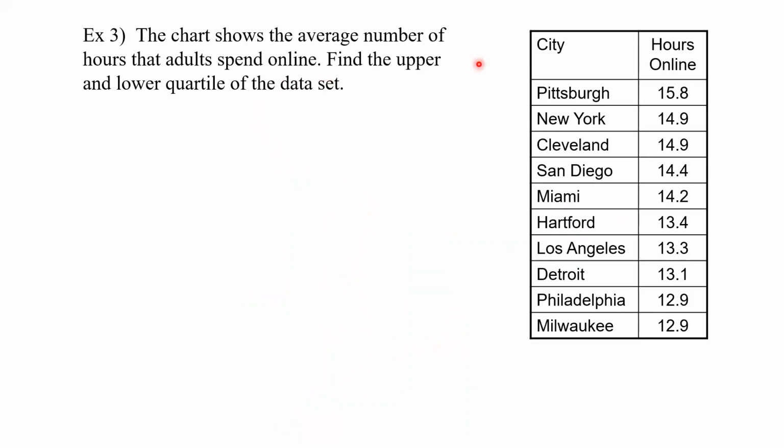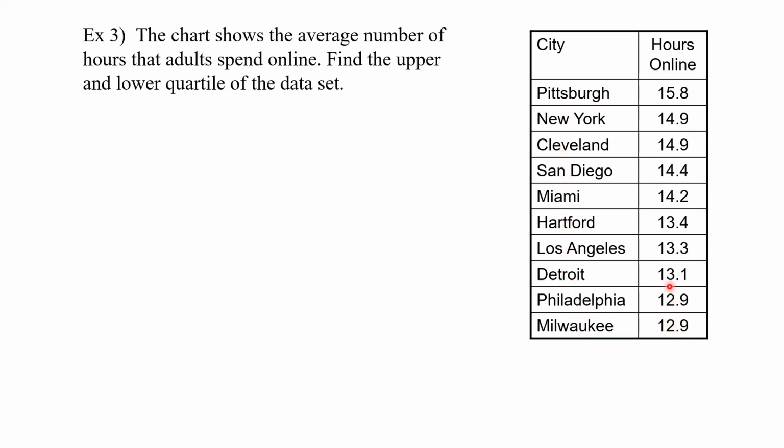Okay. So here you have another illustration where you have a chart that shows the average number of hours that adults spend online, and you're told to just find the upper and the lower quartiles. So as you can see, this data is already organized. Okay, so it's ascending. And as you can see, we have 1, 2, 3, 4, 5, 6, 7, 8, 9, 10. There are 10 observations.